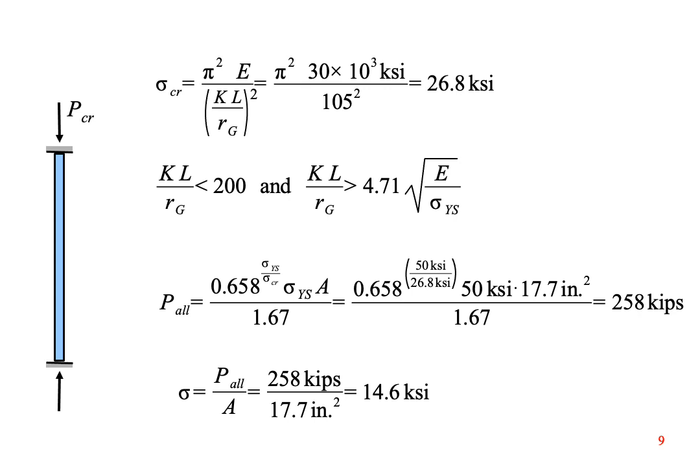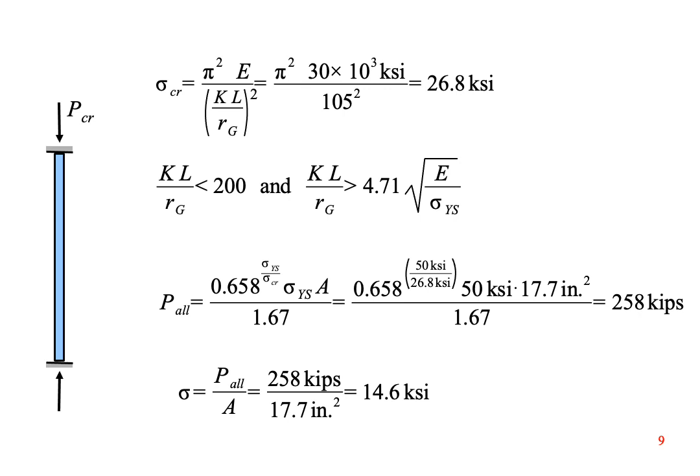The last step is to find the actual stress in the column. It's 14.6 KSI, which is much lower than the yield strength of the column. Why do we care about stress? Because we can attach a strain gauge to the column before it's loaded, and then monitor conditions after it's loaded.